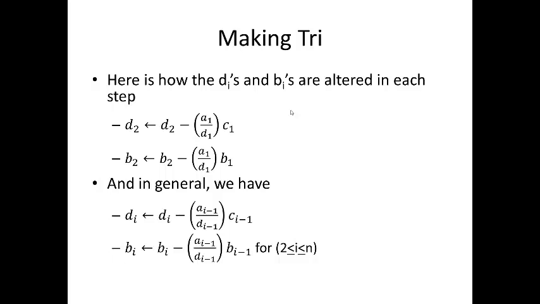But d2 gets changed to d2 minus a1 divided by d1 times c1, and b2 is what b2 was before minus the multiplier times b1. And in the general situation we're going to have these two. Now, you can derive these, but they're going to be important when we actually write the pseudocode.